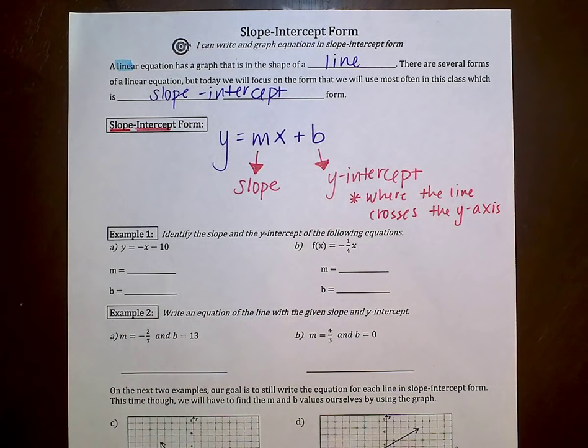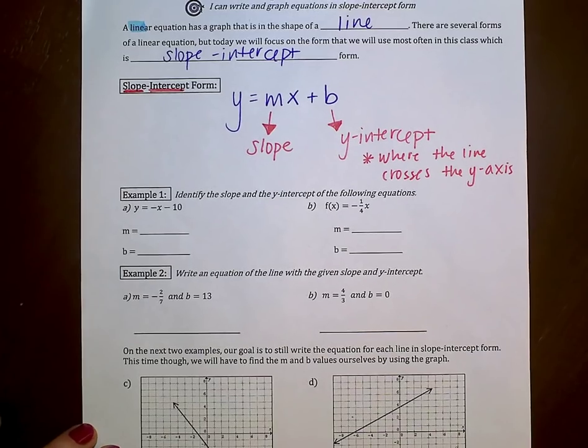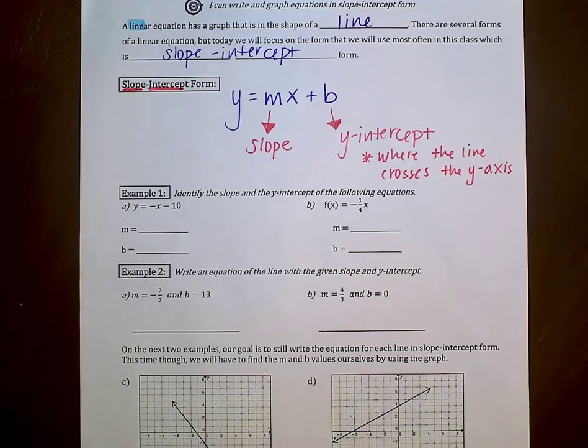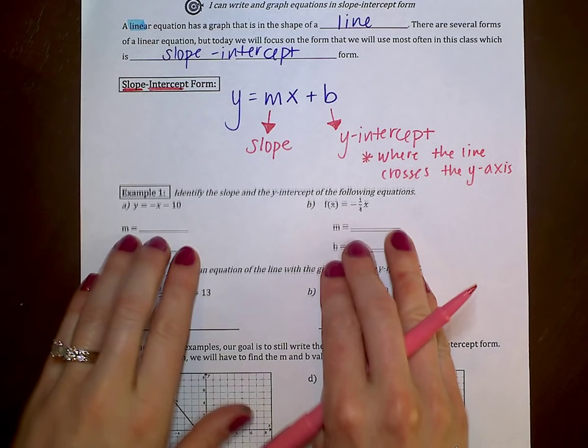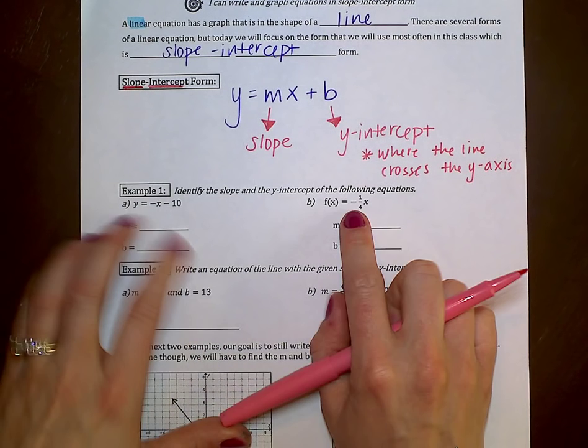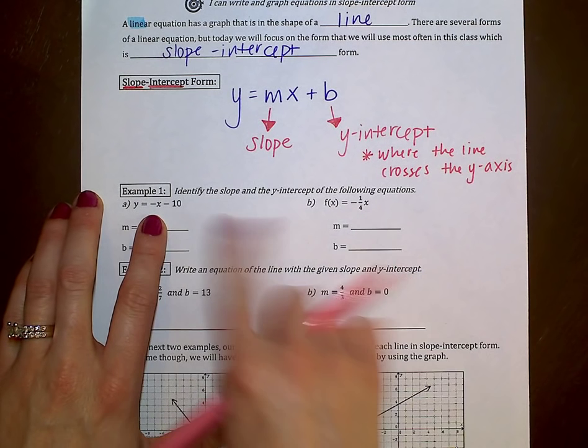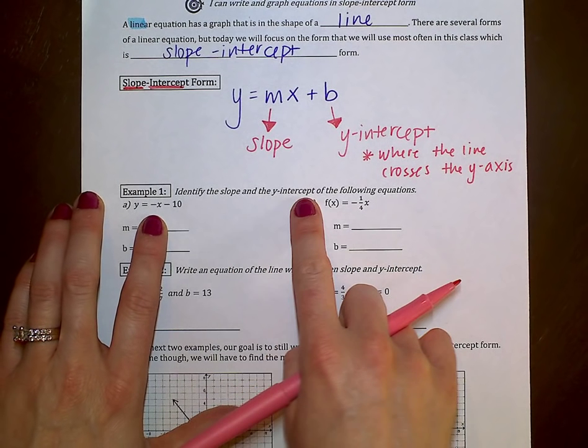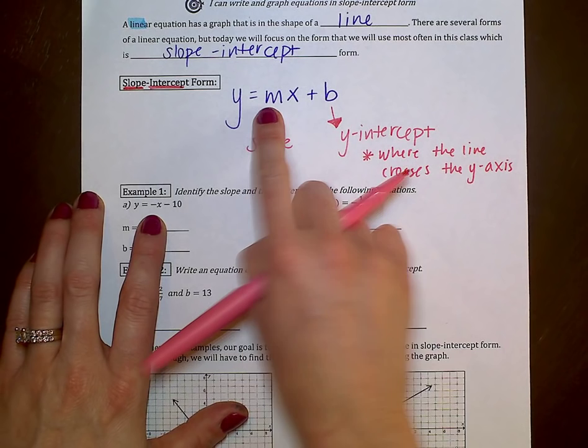Okay, so let's start basic before we look at graphs and get to graphing ourselves. Again, this lesson is really important, so please pay close attention. Starting basic in example 1, they give me an equation of a line and they say identify the slope and the y-intercept. So basically I want to find m and I want to find b.